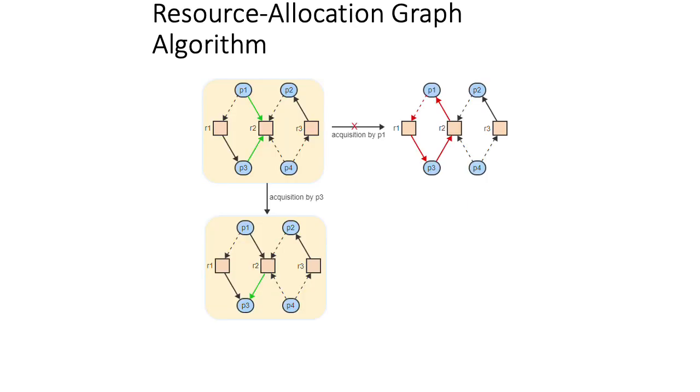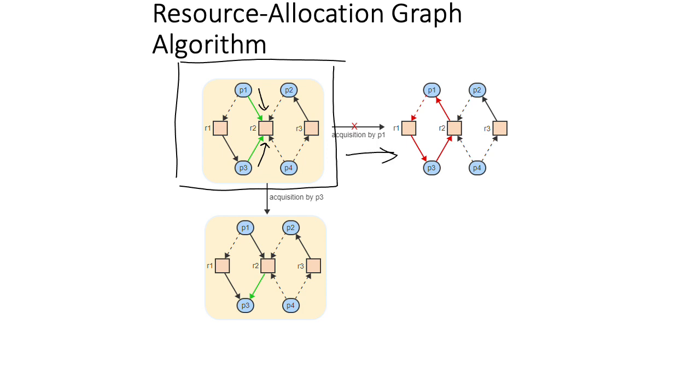So for example, if we start with this resource allocation graph, you can see that P1 is requesting R2 and P3 is also requesting R2, right? So we're going to assume that we assigned resource R2 to process P1, okay?